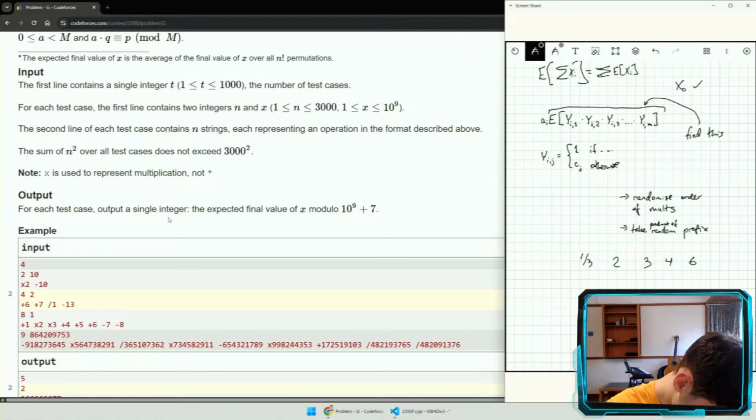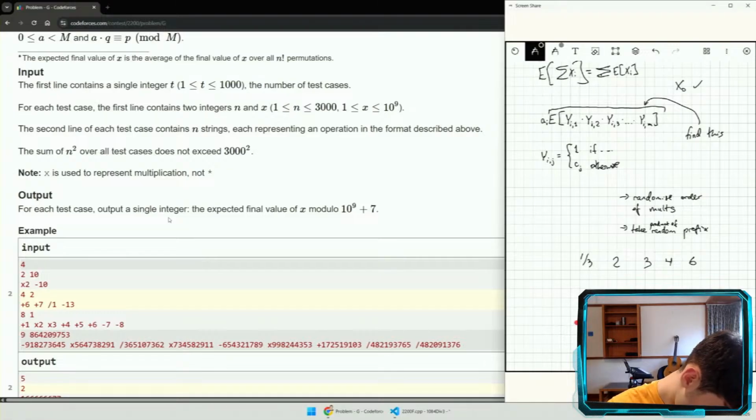Okay, let's say there's just two of them, A and B. We want to see what the expected value is of multiplying by A and B if both multiplications are random.